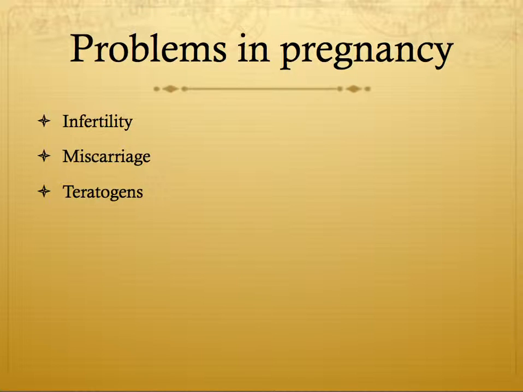Now, this is very different from the common conception of what miscarriage is, which is where you have a pregnancy going into its third or fourth month, and then the child dies. So that's why the term miscarriage is so hard to understand.